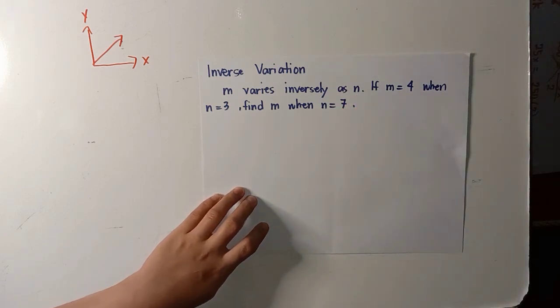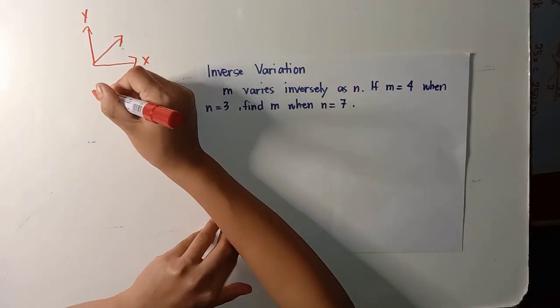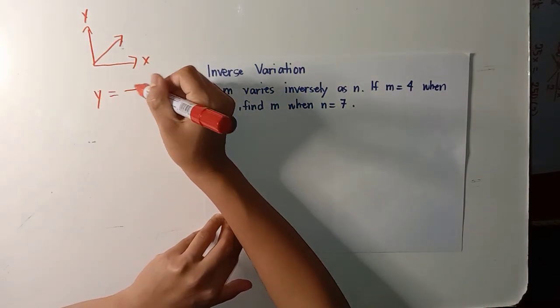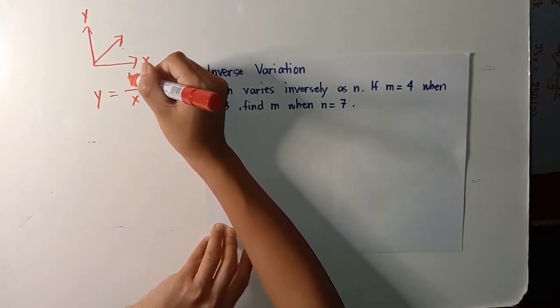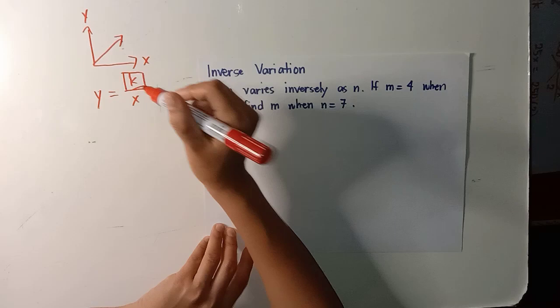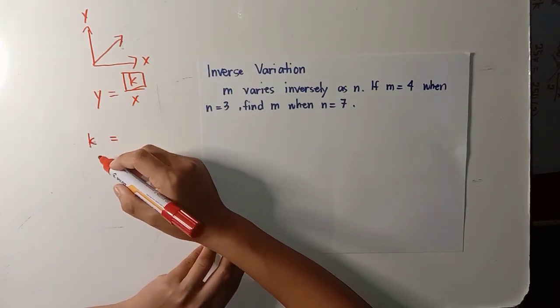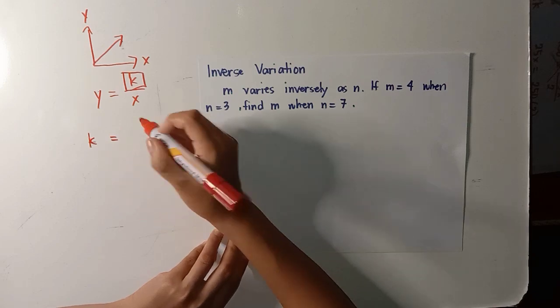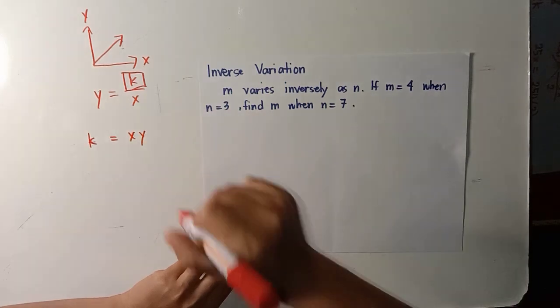So the equation here is y equals k over x, where k is the constant of variation. In order to get the k, we will multiply x times y.